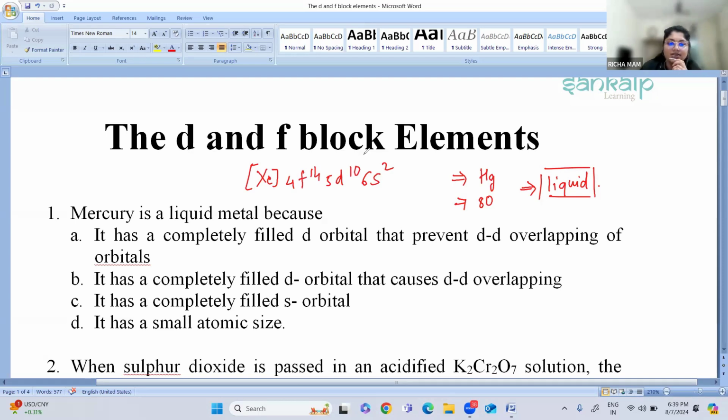So what is the answer? Why is mercury a liquid metal? Why is it liquid in state? The color is silvery white, like silver. It is a very heavy metal.